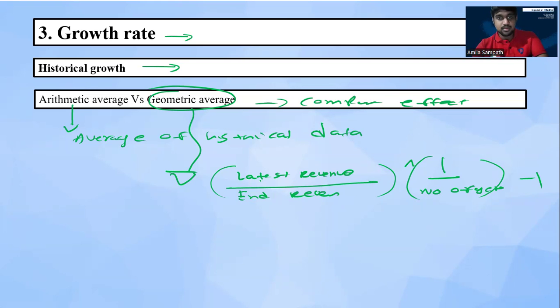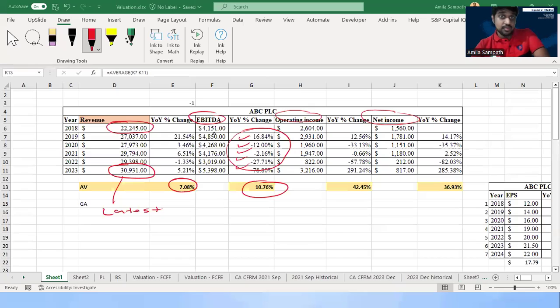So the latest year figure divided by the end year figure, raised to the power of 1 divided by the number of years, minus 1. This is the way we can calculate the geometric average using this formula.